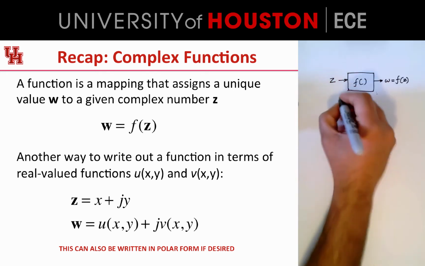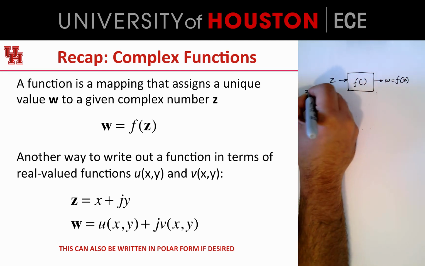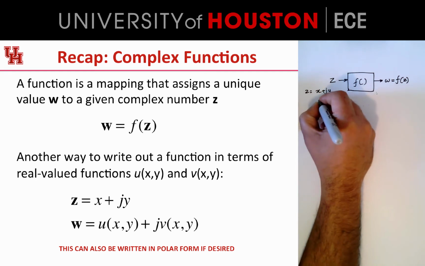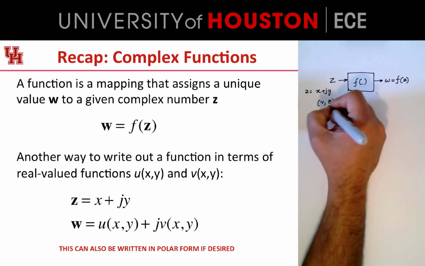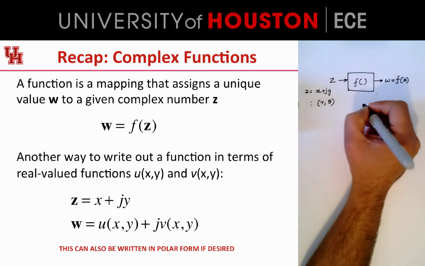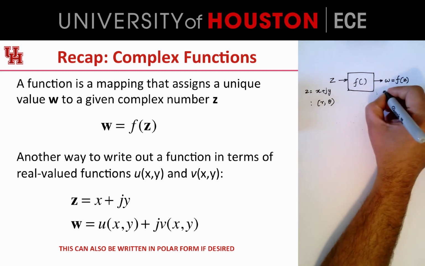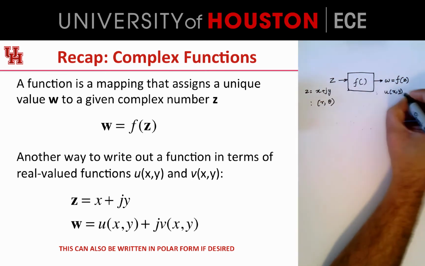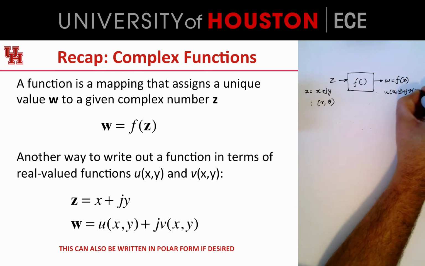Now z is x plus jy, or in polar coordinates, it's a radius, a magnitude, and an angle theta. And we can write this function as the sum of a real part, u of x,y, or u of r, theta, plus j times v of x,y.